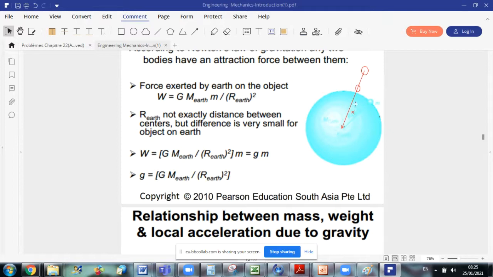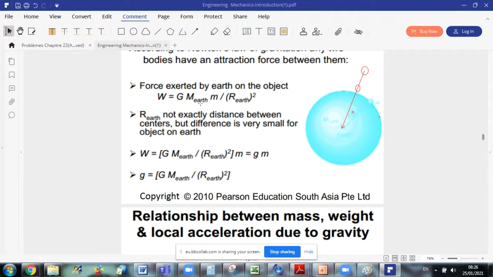But in reality, in many cases, we have a certain elevation between the particle and the Earth. But in most applications, this elevation is very small. So when the altitude of a particle is much smaller compared to the radius of the Earth, we can consider that the distance separating the centers is equal to the radius of the Earth.